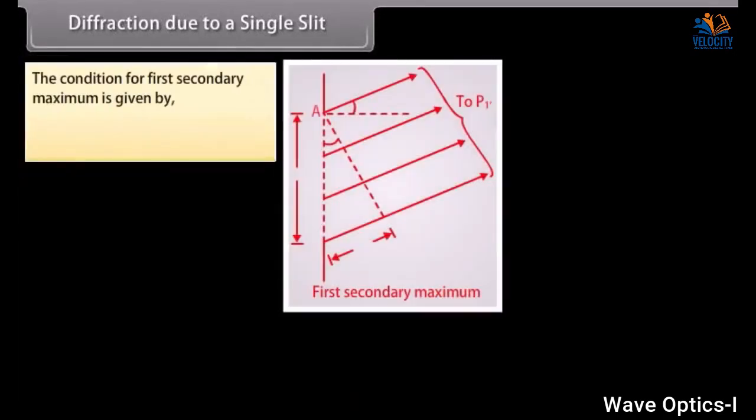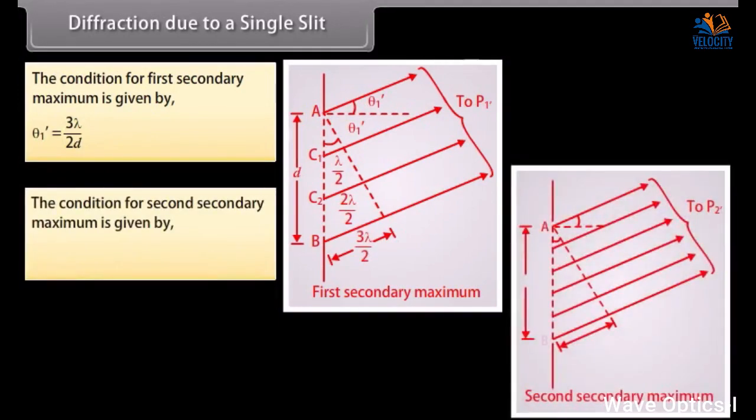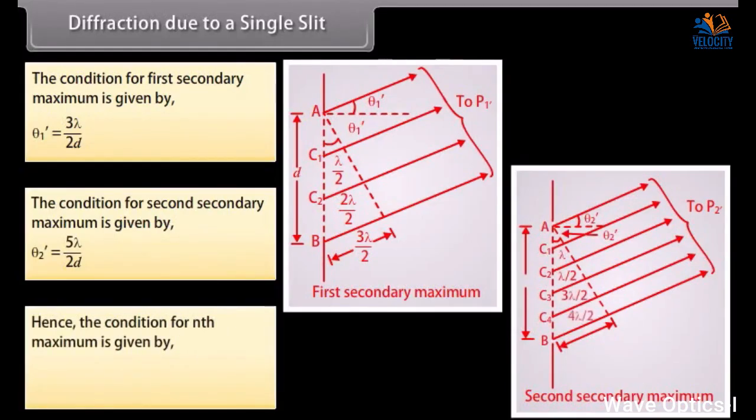The condition for first secondary maximum is given at angle theta equal to 3 lambda upon 2d. The condition for second secondary maximum is given at an angle equal to 5 lambda upon 2d. Hence, the condition for nth maximum is given at an angle equal to (2n plus 1) lambda upon 2d.